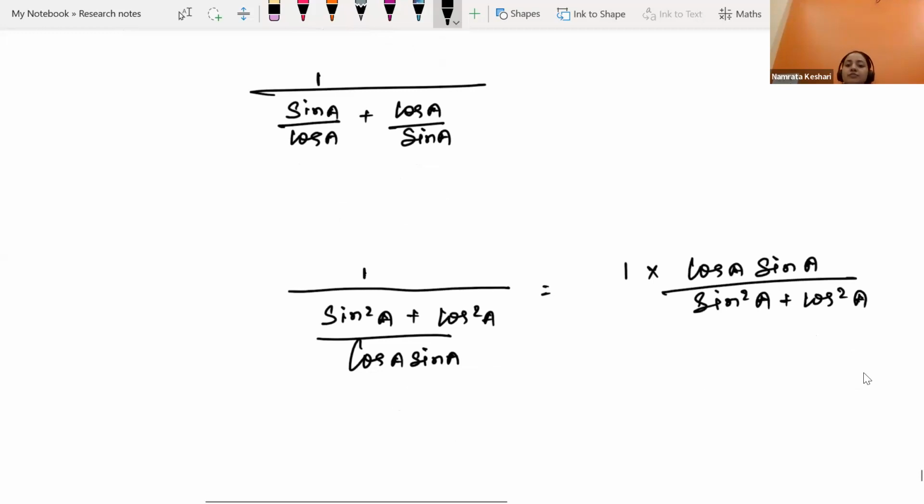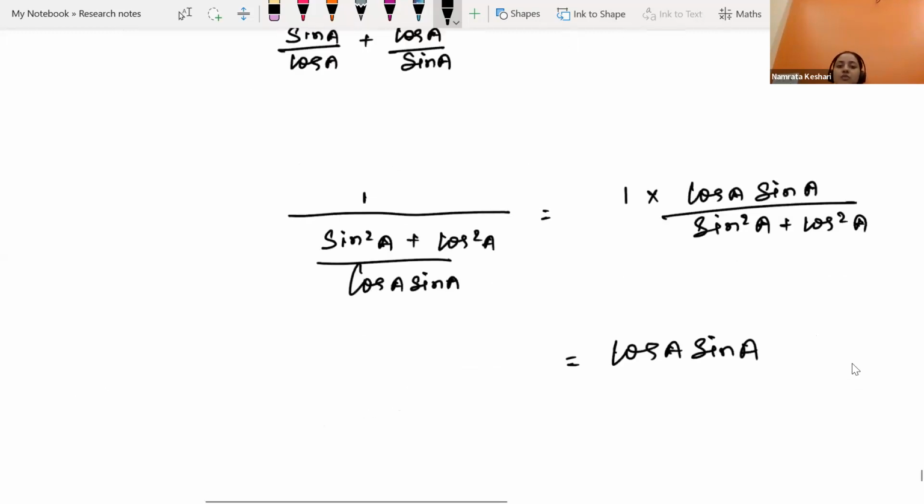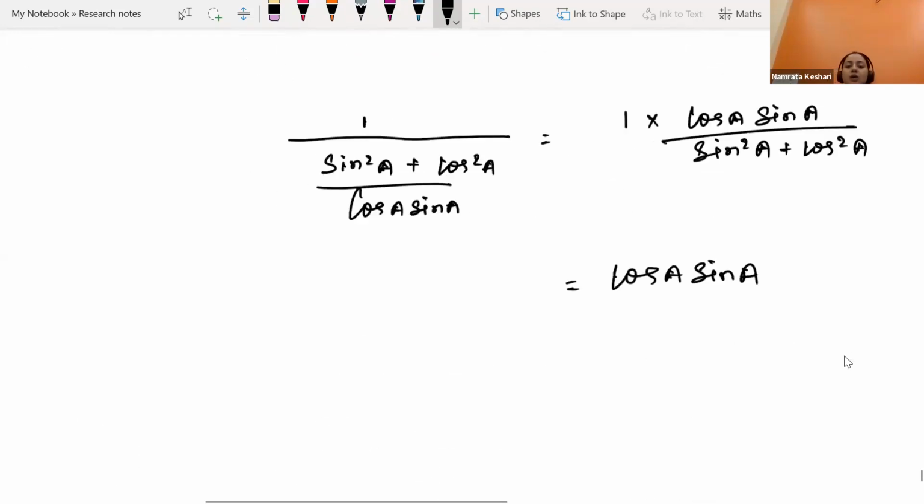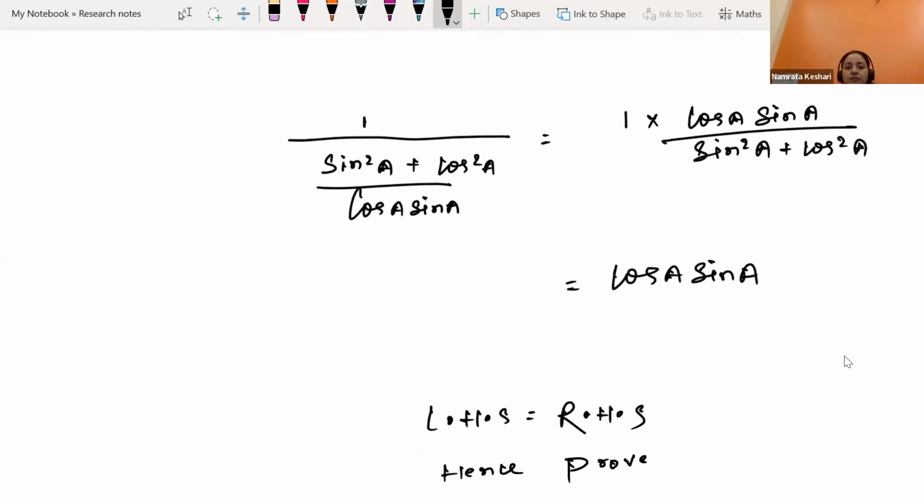We are just left with cos A into sine A, which is what we generated from the left hand side also. It was not that difficult. We have shown that LHS and RHS are equal, and we are done with the proof. Hence proved. Is it clear? Yes.